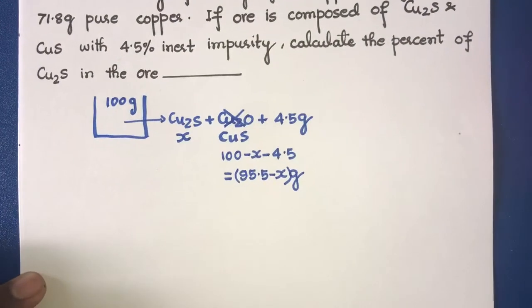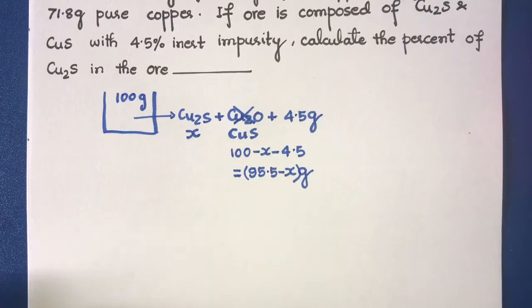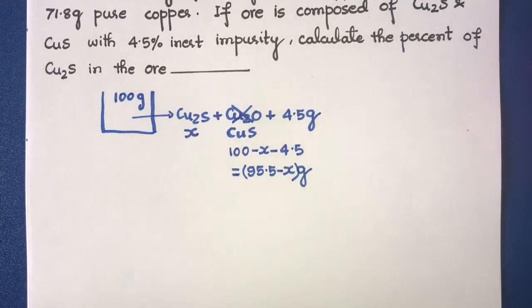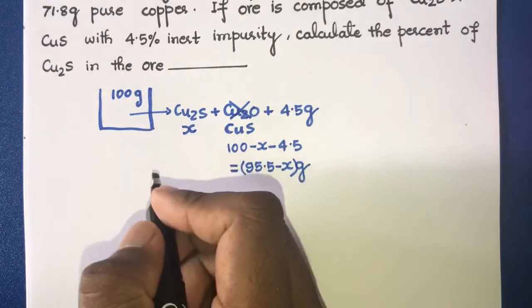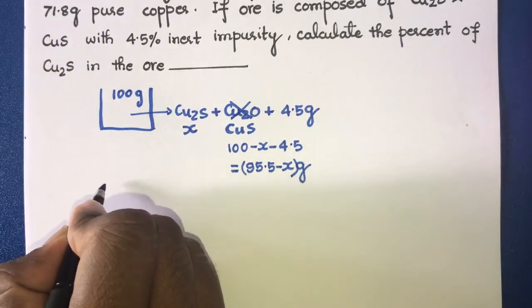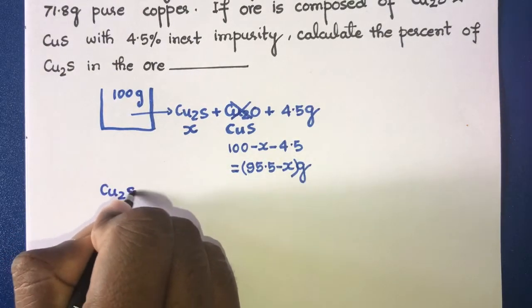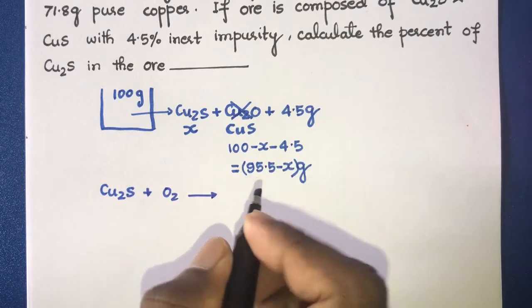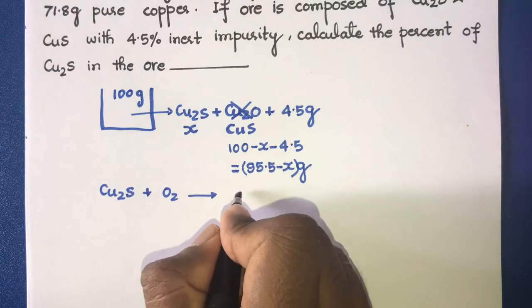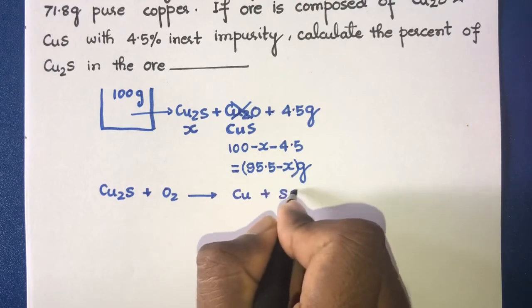Now let's see the roasting of Cu2S. The reaction that will take place is Cu2S plus O2 forming Cu plus SO2.